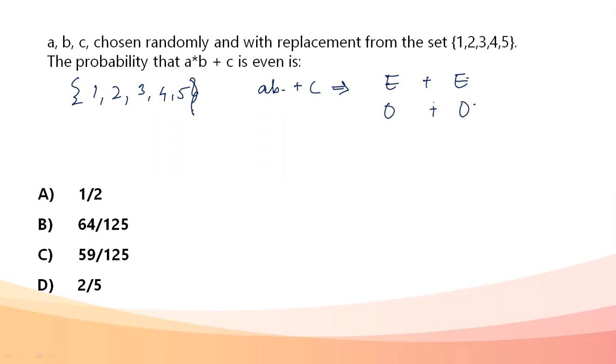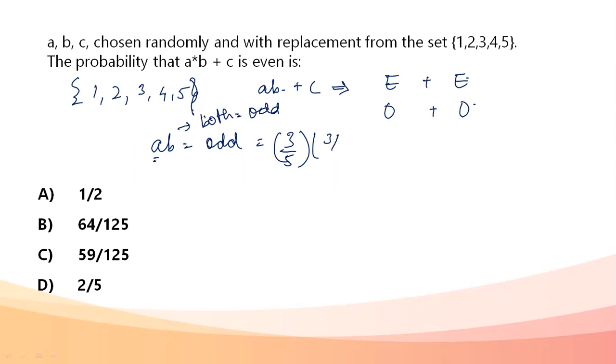So in both of these cases, we get the answer that A into B plus C is going to be even. Okay, so the probability of A into B being odd: A being odd is 1, 2, and 3, that is 3 out of 5. And B being odd, because A into B will be odd only when both of them are odd.